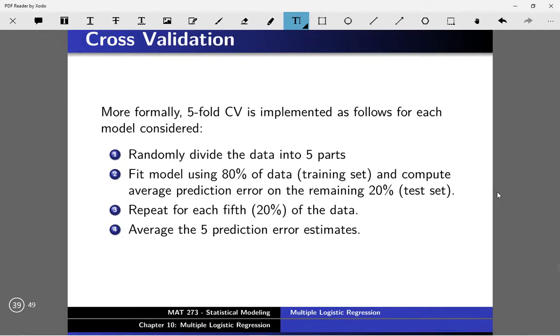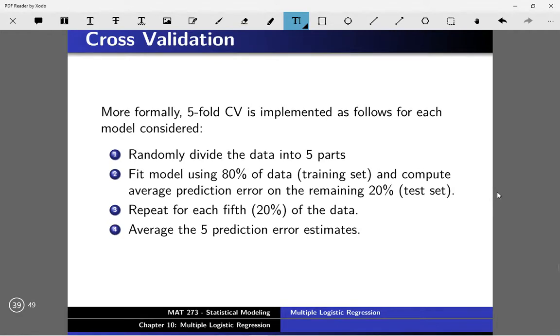Each time we can get a metric of how well we did in predicting the outcomes for that test set. In this case, for logistic regression, accuracy is the commonly used metric. What was our accuracy on predicting the outcomes for the test set?